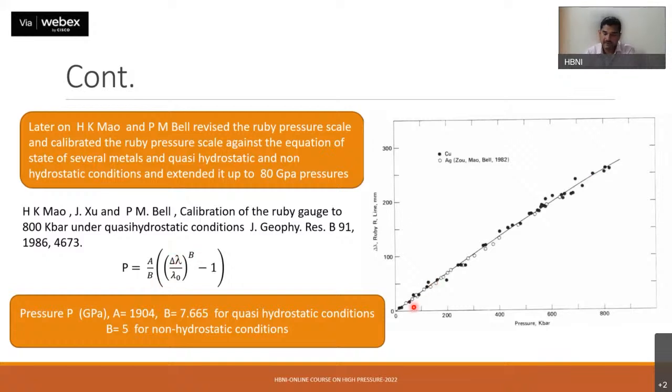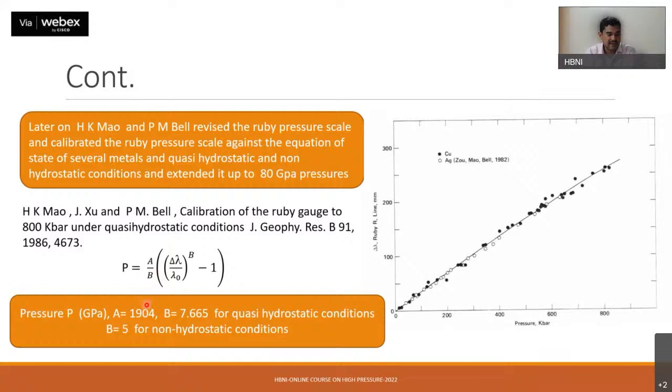So by fitting the Ruby fluorescence line delta lambda in nanometer versus pressure data, what they found is that pressure in GPa is A by B times the bracket of delta lambda by lambda 0, power B, minus 1, where delta lambda is the change in wavelength, so it is the wavelength shift.